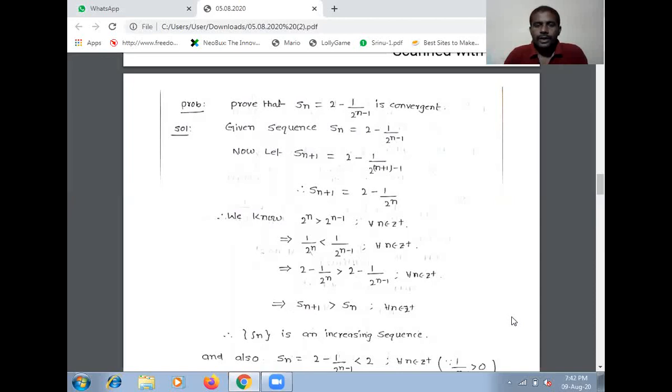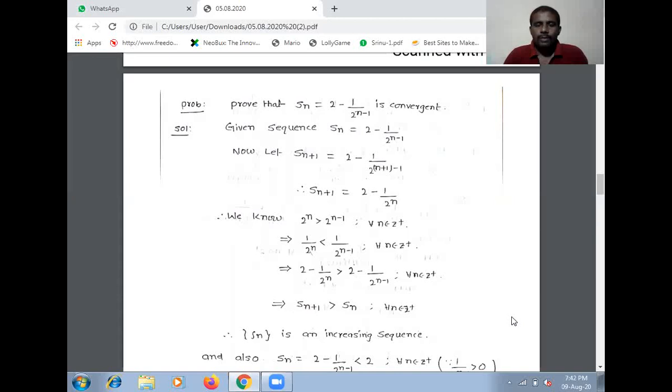Before that, we check whether the given sequence is a monotone sequence, or whether it is bounded above or bounded below. Monotone sequence means if any sequence is increasing or decreasing, that sequence is called a monotonic sequence.